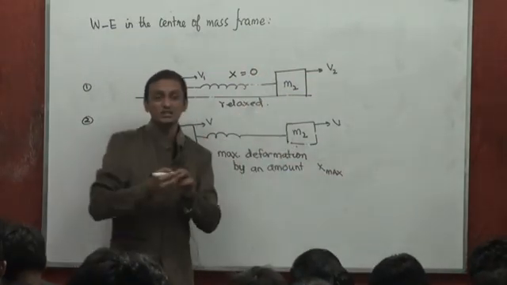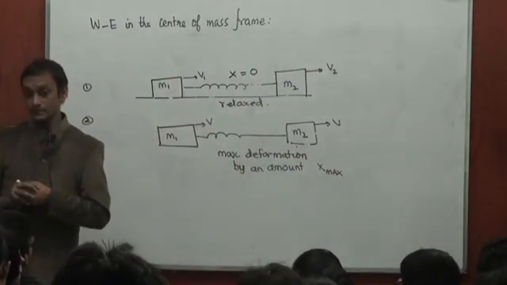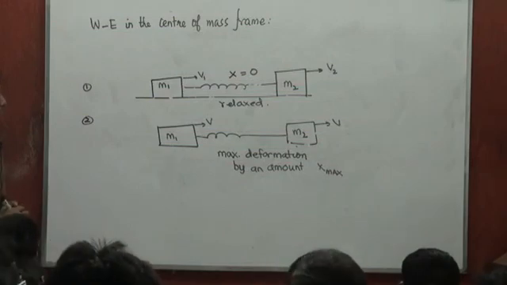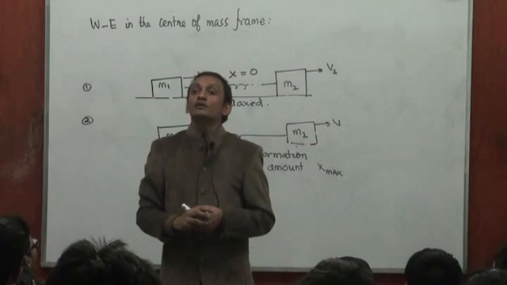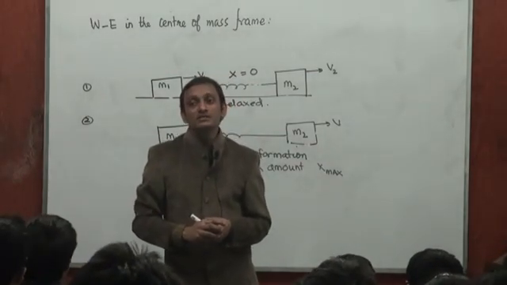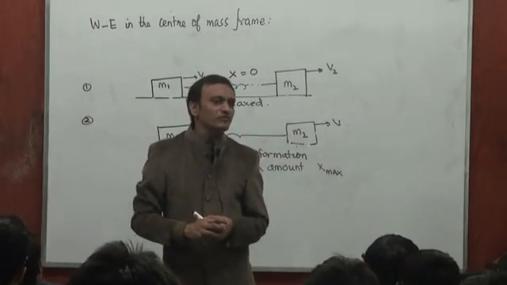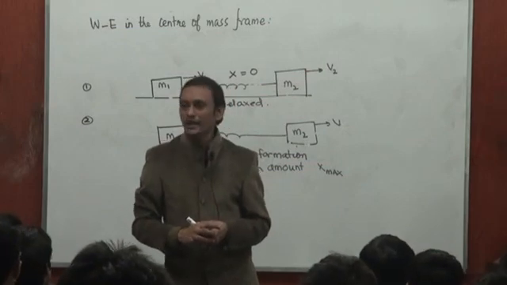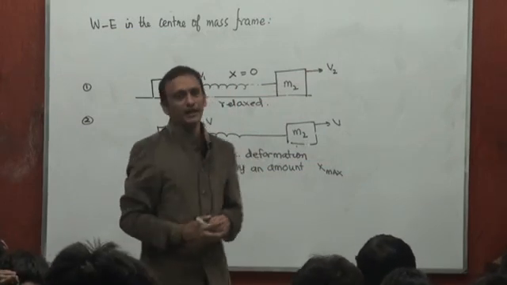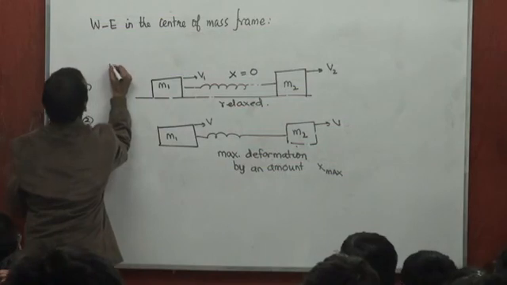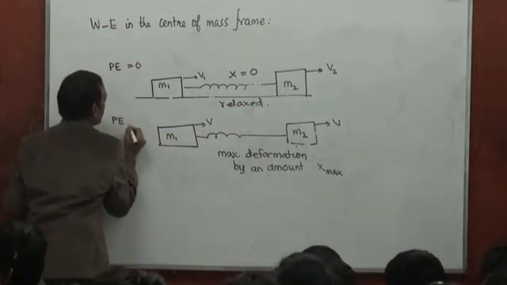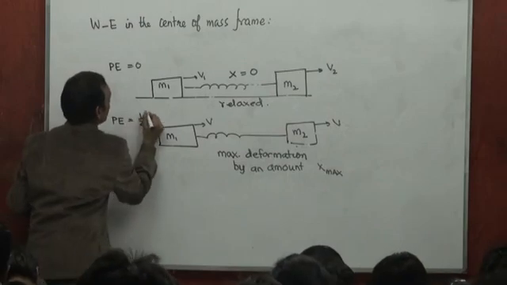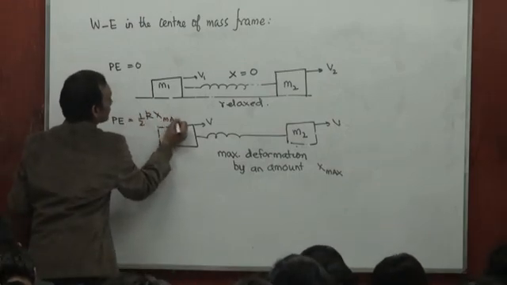This was deformation x max. Very clearly then, the work done by the spring force is going to be the negative of the change in elastic potential energy. Potential energy of the spring here is 0. Potential energy of the spring here is half k x max squared.